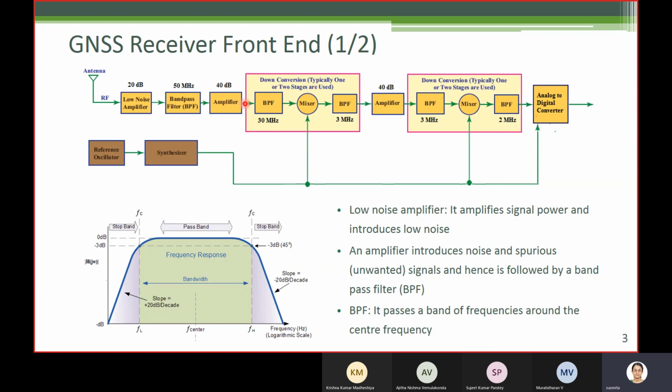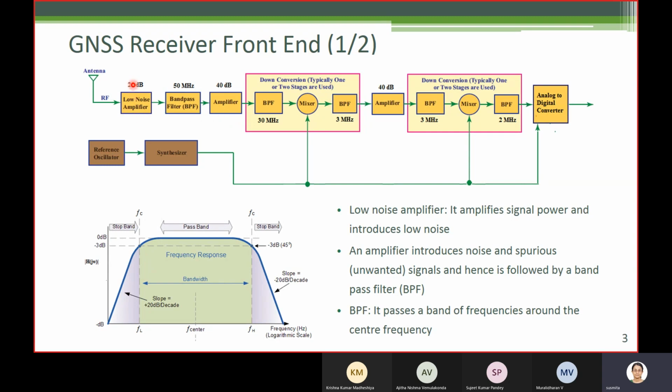By any means, if part of this signal leaks through the circuit to this side, it will be amplified 10 to the power 10 times and result in an oscillation loop. So to avoid any leakage, you have to insulate things. Design becomes significantly challenging. This is why this amplification is distributed in stages. So instead of amplifying it by 100 dB in one go, power amplification is distributed in stages.